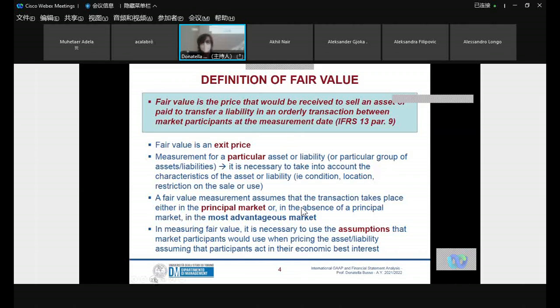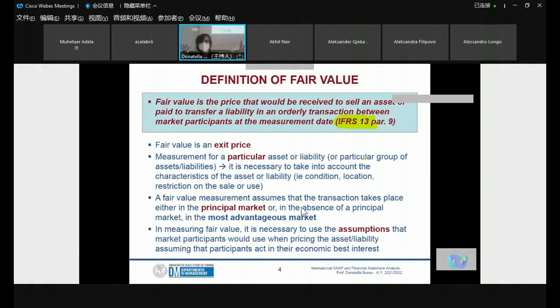Fair value is important under IFRS, and it is defined in a specific standard, that is the IFRS 13. Please read the definition. Fair value is the price that will be received to sell an asset, or the price that will be paid to transfer a liability.